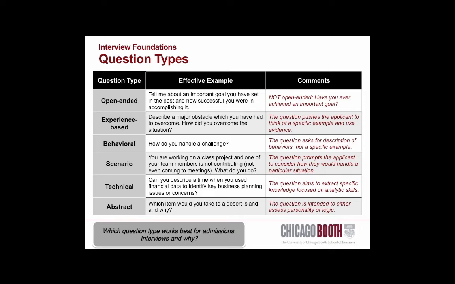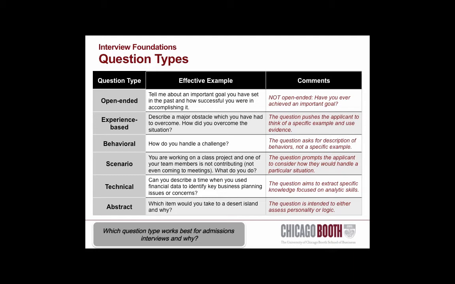The next question type we call behavioral. This really asks a little bit of a different type of question. A question such as, how do you handle a challenge, ultimately prompts the interviewee to answer with more of a description of the process or the approach or the behaviors.